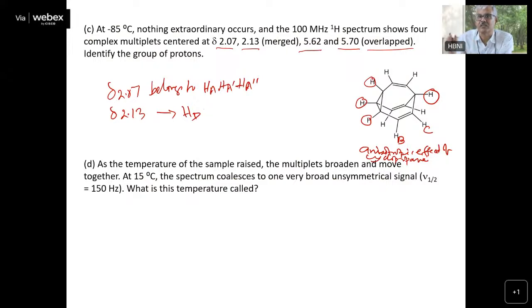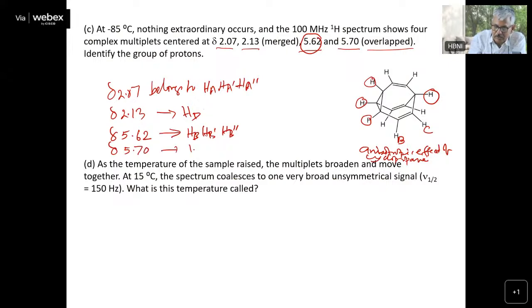We have seen that the anisotropic effect of cyclopropane moves the nearby protons and carbons upfield. So out of these two olefinic signals, delta 5.62 corresponds to HB prime and HB double prime, and the remaining delta 5.70 is HC prime and HC double prime. So this will be your answer.